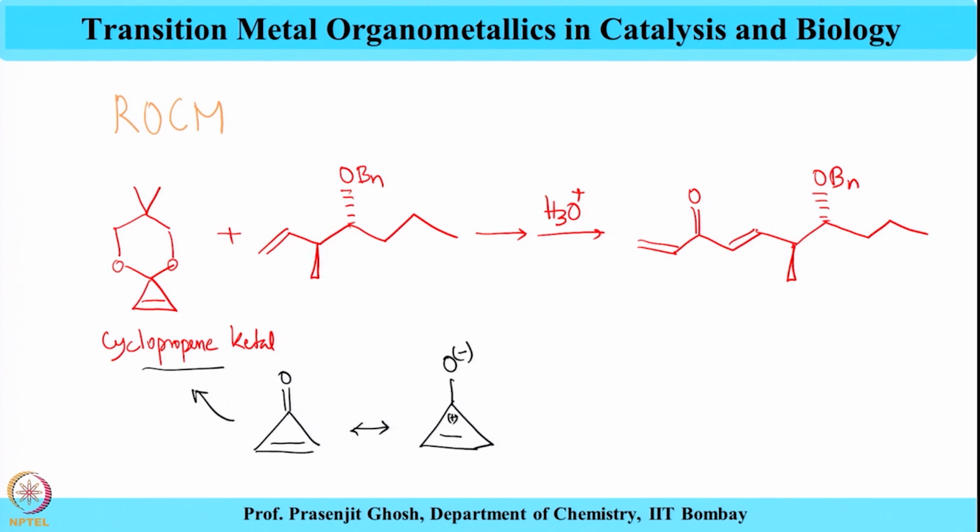Now, this is a cyclopropenyl cation, and now this is a conjugated aromatic compound. So, this cyclopropenyl cation is an interesting compound which is derived from cyclopropenone and which is stabilized in its zwitterionic resonance form.